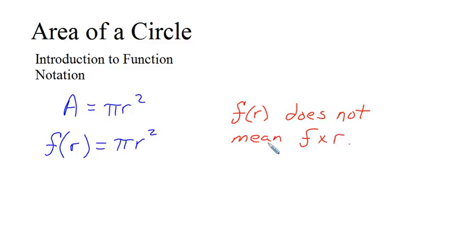Okay? Function notation is just saying it's a function and that our input will be r to find the value. The output value that we get after we plug r into this and we find out what the area is will be the area. Okay? Area is the output, radius is the input.